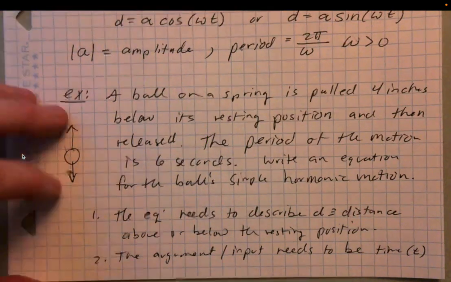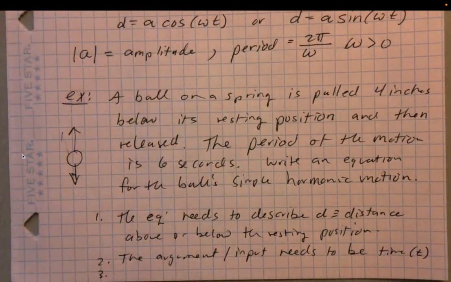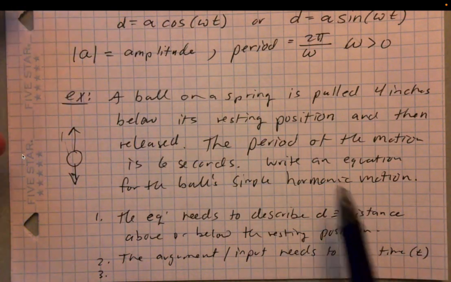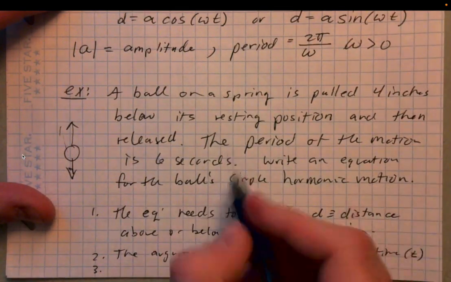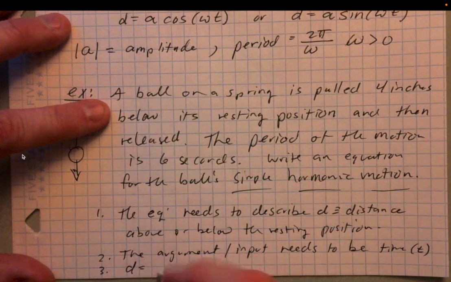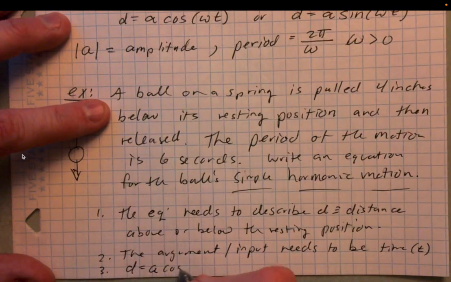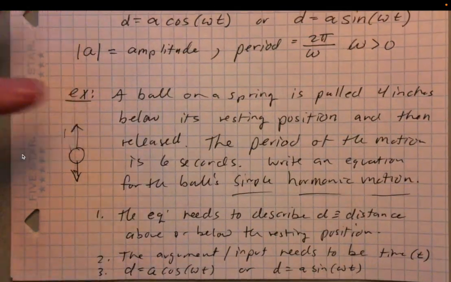And the third thing is that it has to have a particular form because this is simple harmonic motion. We're asked specifically to write an equation for the ball's simple harmonic motion, so the formula needs to resemble a cos(ωt) or a sin(ωt).